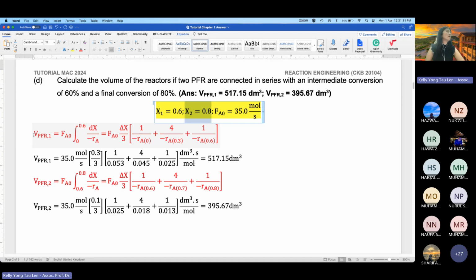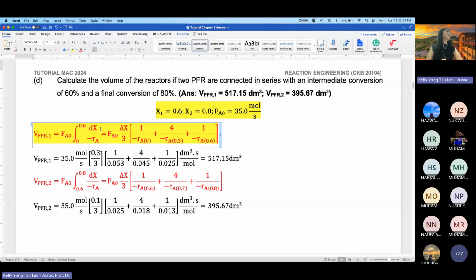So the first PFR, it's always wise, in my opinion, to write down the integral formula, because when you write down the integral formula, then you will know your bottom limit and your upper limit in your integration. Okay, so the volume PFR 1 equals FA naught, integrating from 0 to 0.6, because my first reactor, they are converting from 0 to X1, 0.6, dx per minus RA.